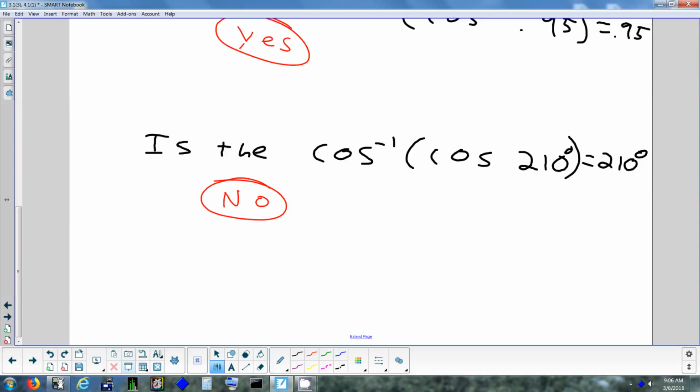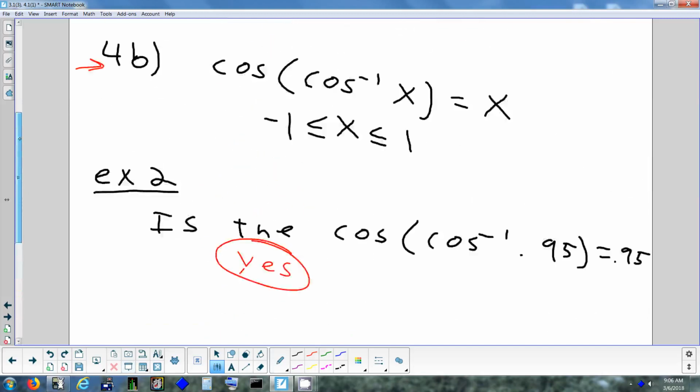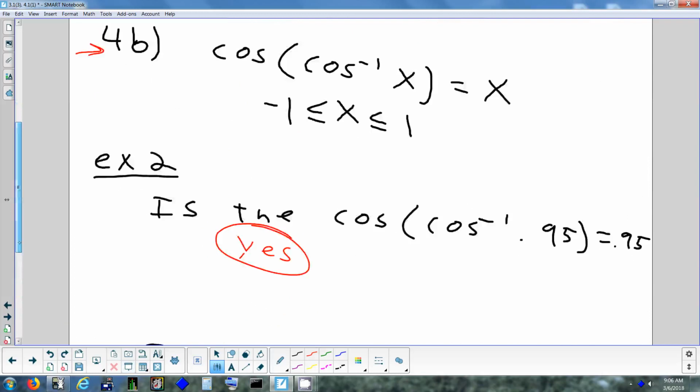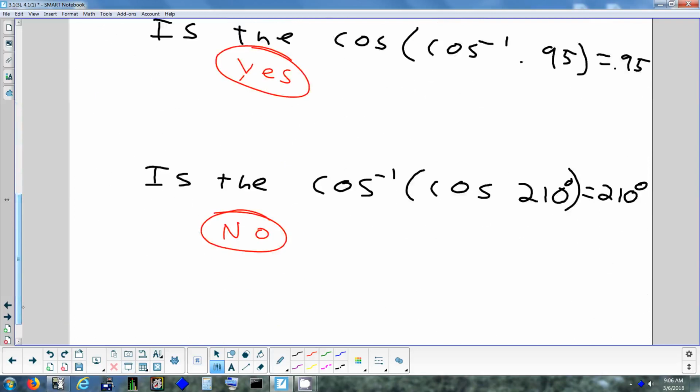You can type that in, but you're not going to get 210. Okay? That's the one, if you type it in, you'll get something different back. On the B formulas, that's the one that if you don't type in between -1 and 1, you won't even get an answer back. Okay, so that's the idea for the inverse and regular cosines. Questions on those?